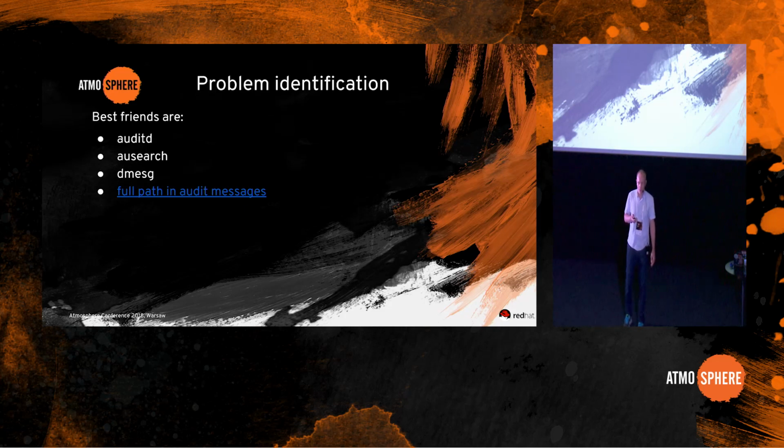So, first, the problem identification. If you want to know that the problem you are seeing is caused by SELINUX, you should ask the audit subsystem. You should ask for something called SELINUX denial. There are different kinds of SELINUX denials, but to see them, you need a running audit daemon.